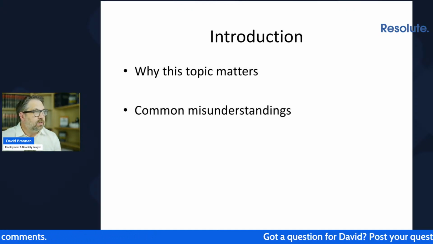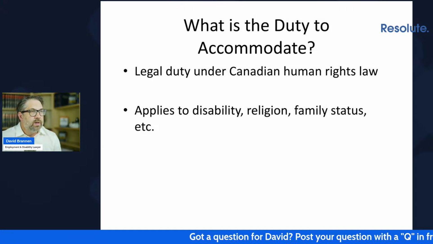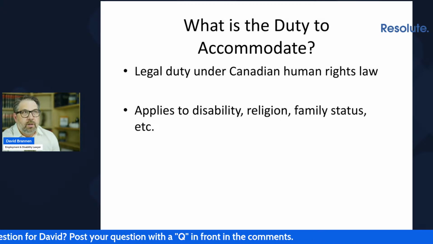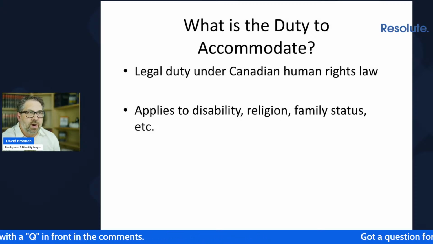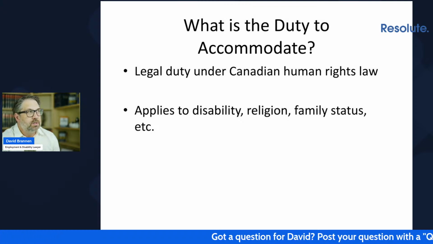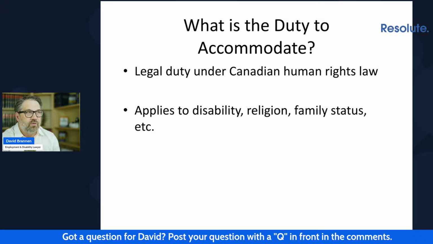Okay, let's do this. What is the duty to accommodate? At its core, the duty to accommodate is a legal obligation requiring employers to adjust workplace policies and environments and remove barriers that prevent employees from fully participating in the workplace.